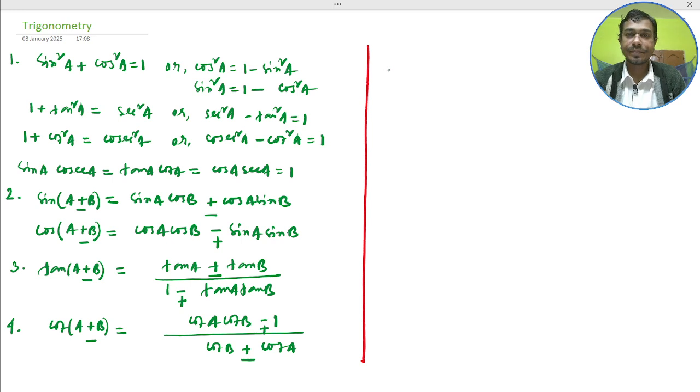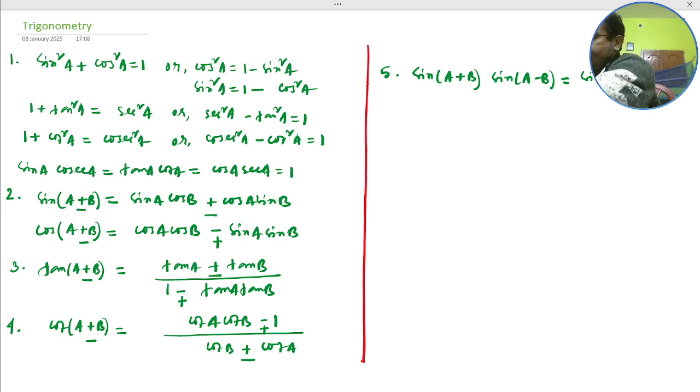Next, sin a plus b into sin a minus b becomes sin square a minus sin square b. Basically, this is equal to cos square b minus cos square a.